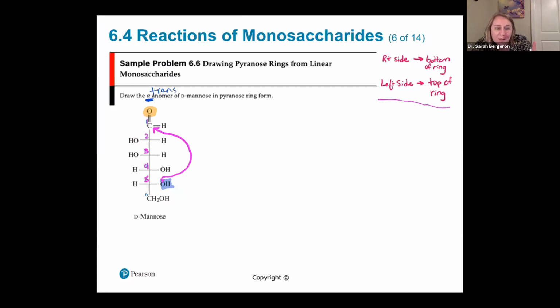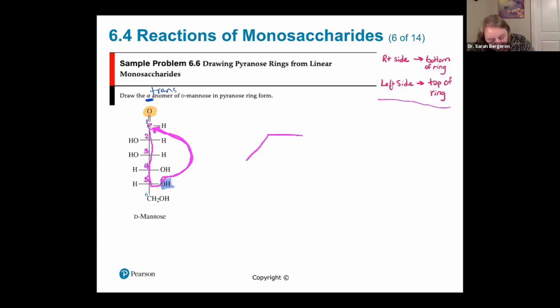So we'll have 5 carbons in the ring, plus what else is going to go in the ring? If I start at this carbon, I'm going to work my way down through the other carbons, and then I'm going to hit an oxygen, and then I'm going to have to go up to meet the carbon again to make a ring. So I should end up with 5 carbons and 1 oxygen in my ring.